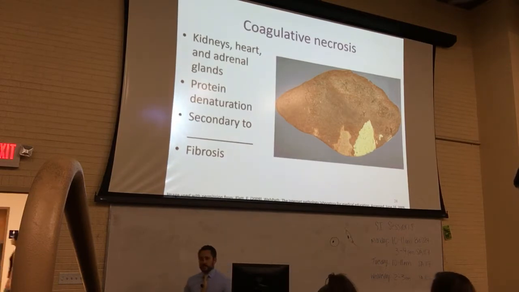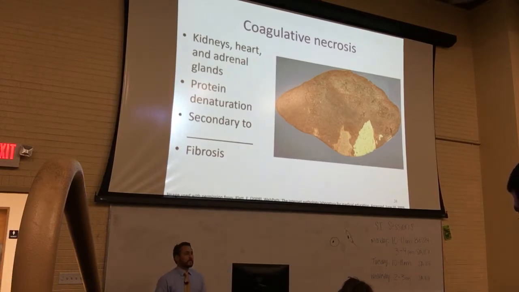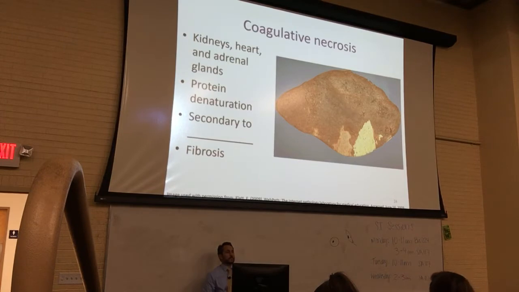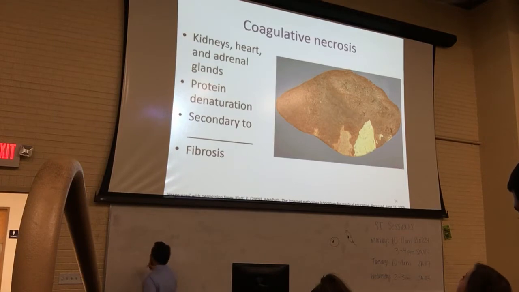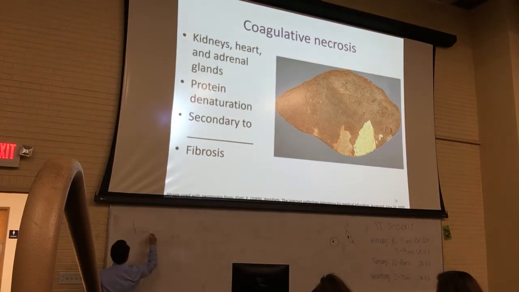And there's certain features that we pay attention to. So there was a question on the quiz about coagulative necrosis, and so we're going to look at coagulative necrosis a little bit more in depth. But coagulative necrosis is really described by the pattern of the damage.